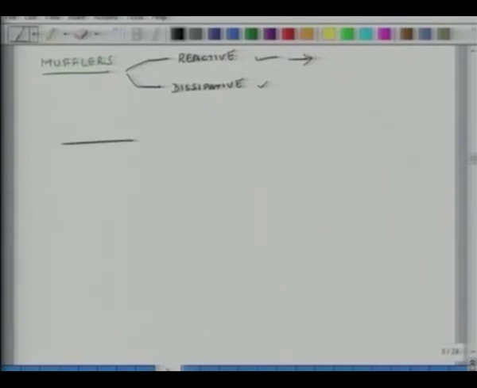In general, the construction is something like this. You have air coming in from the engine. Of course, it goes through some catalytic converter where all the poisonous gases are catalyzed and emissions are made safe. So it comes from a pipe, then you have an expansion chamber, which is this.